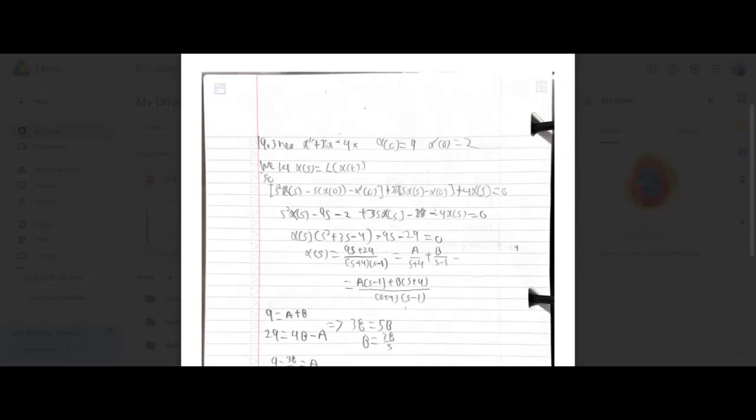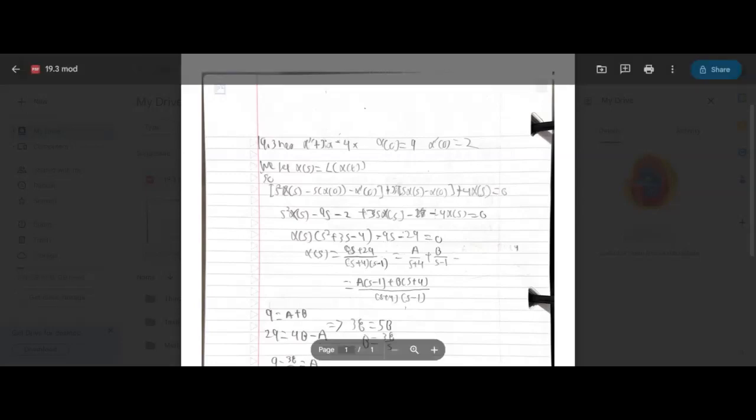So of course, solving for all of this, it will bring us down all the way to X of s times s squared plus 3s minus 4 minus 9s minus 29, which is equal to 0.